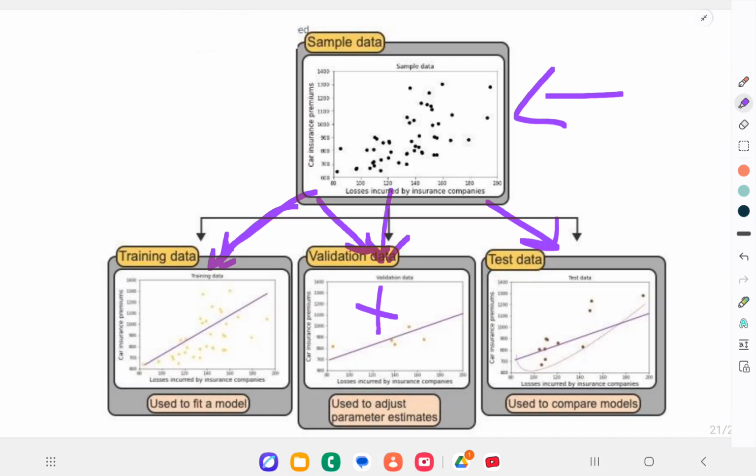If you don't like it, you adjust the model and you go back to training again. You are allowed to do this cycle of training and fine-tuning. Only once you are done with this cycle completely and you think you have a ready model, then you move to the testing stage. You test once and that's it. You are not allowed to go back to train.